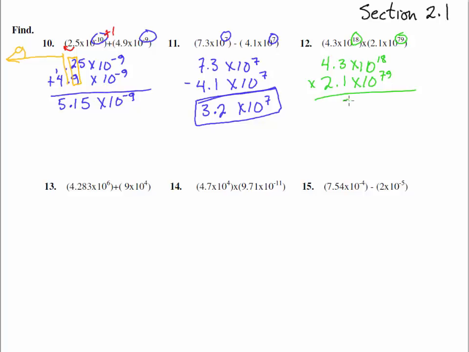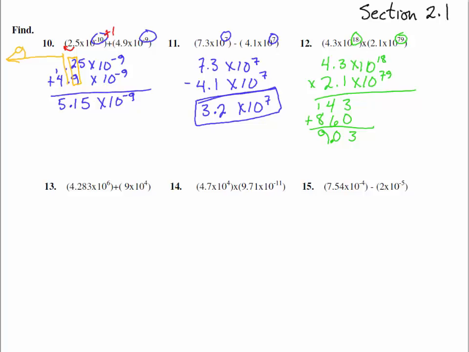1 times 3 is 3. 1 times 4 is 4. Next level, put a 0 here. 2 times 3 is 6. 2 times 4 is 8. And add these, and we get 3, 0, 1, 9. So for the decimal place in multiplication, there's 1, 2 behind the decimal, so there's 1, 2 right there. 9.03.